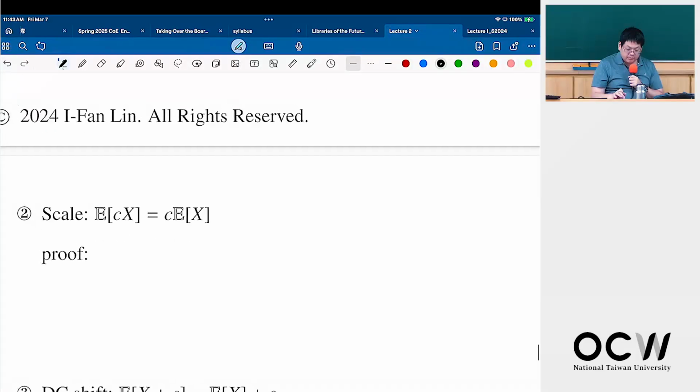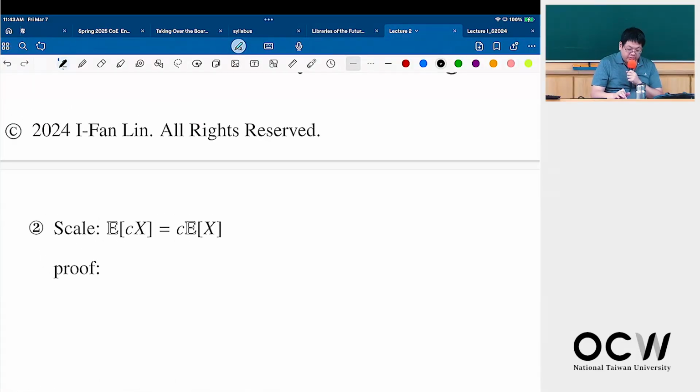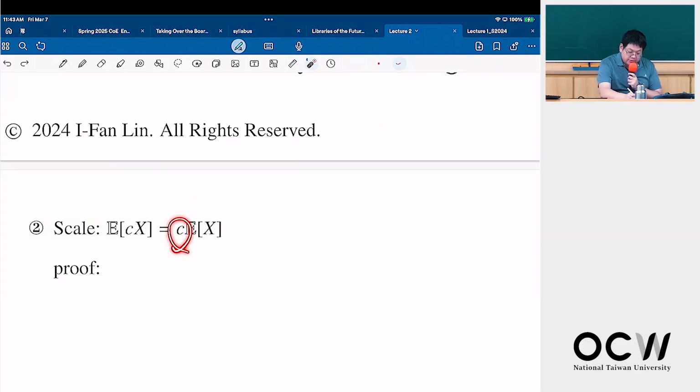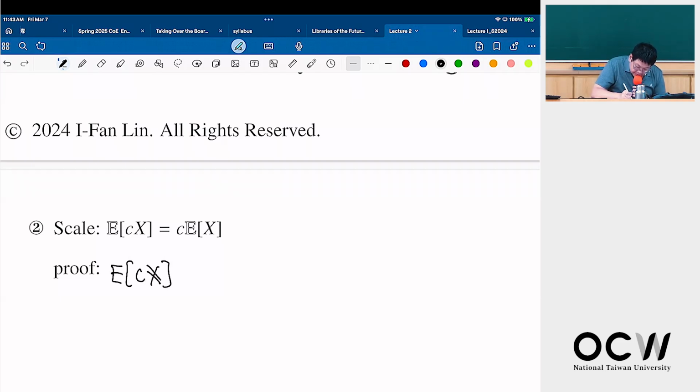Next one, if I have a scale, c times the random variable x, I can also put the c outside of the expectation. So similarly, if I calculate the expectation by the definition, I consider all possible outcomes, and here I also have a c, times their corresponding weightings.